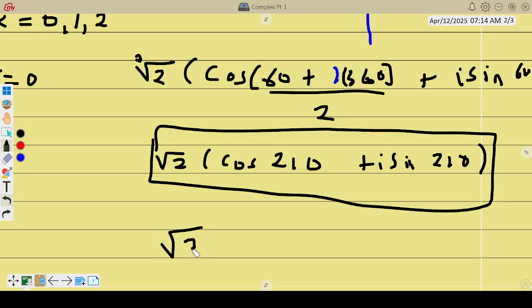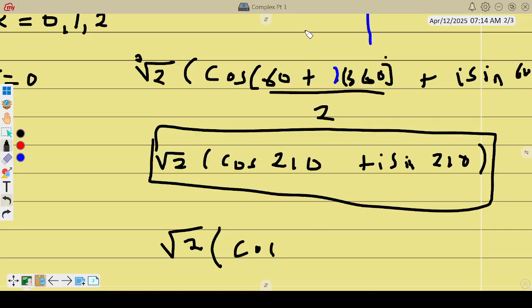And then the third root, here when there's a 3, you have to be showing your work. Here when there's a 3 times 360, you multiply, you add to 60, you divide by 2, and then you write your answer. So what is 360 plus 60?